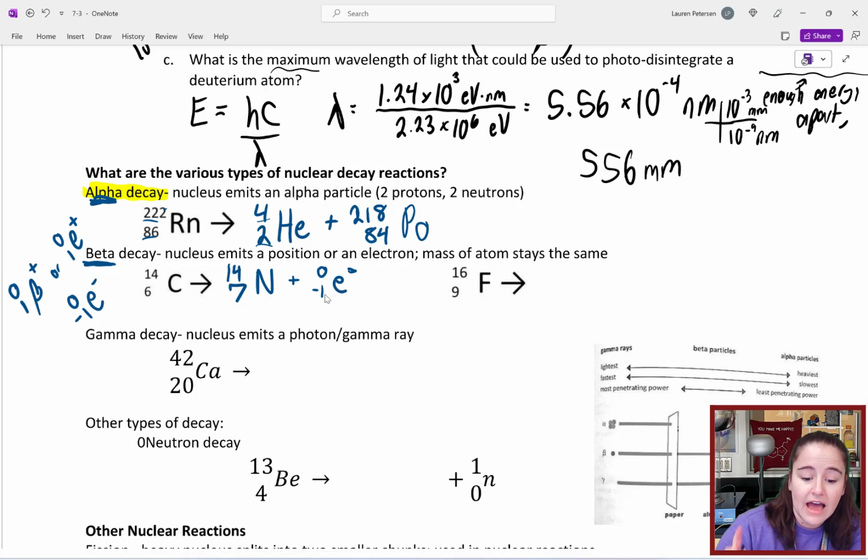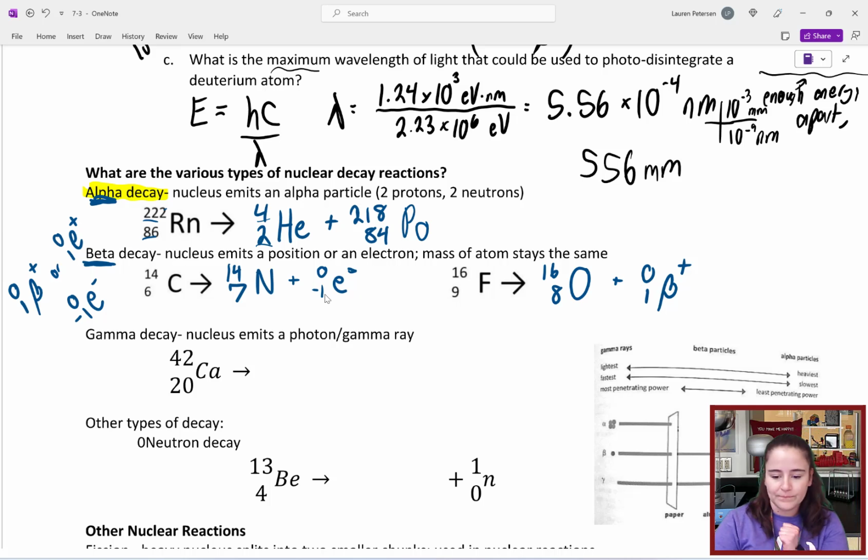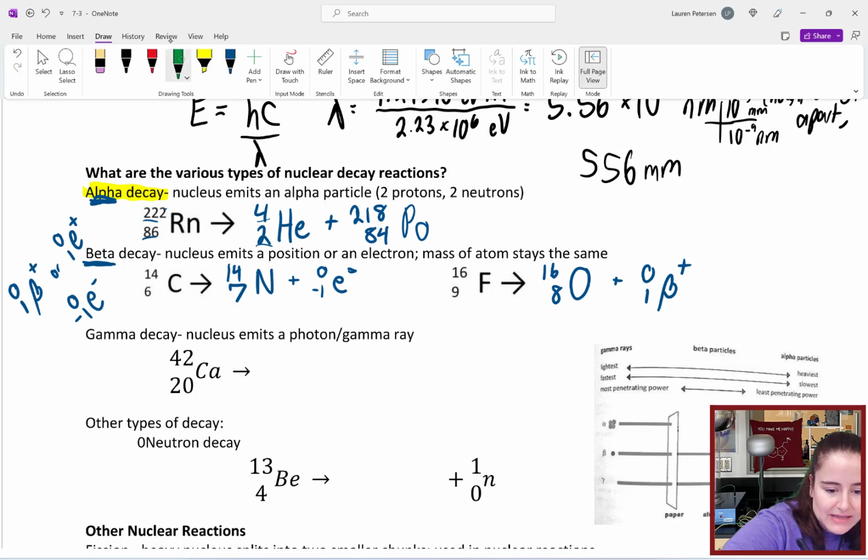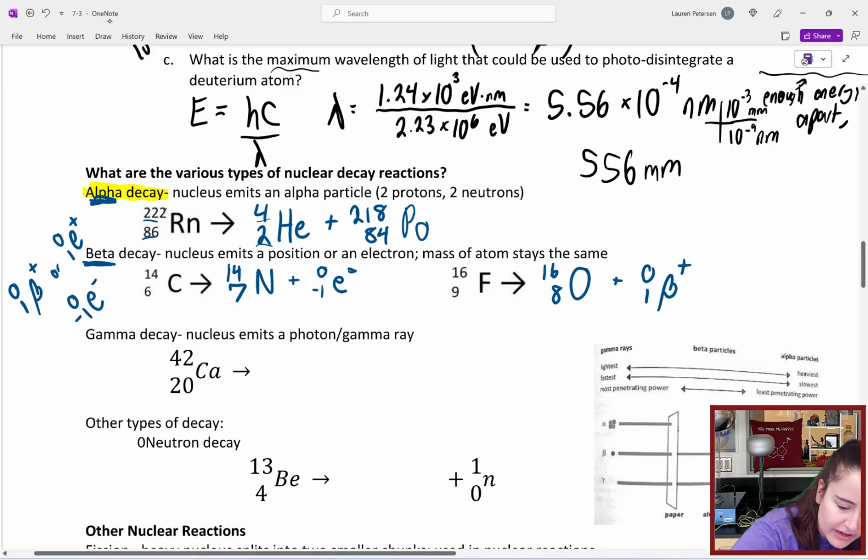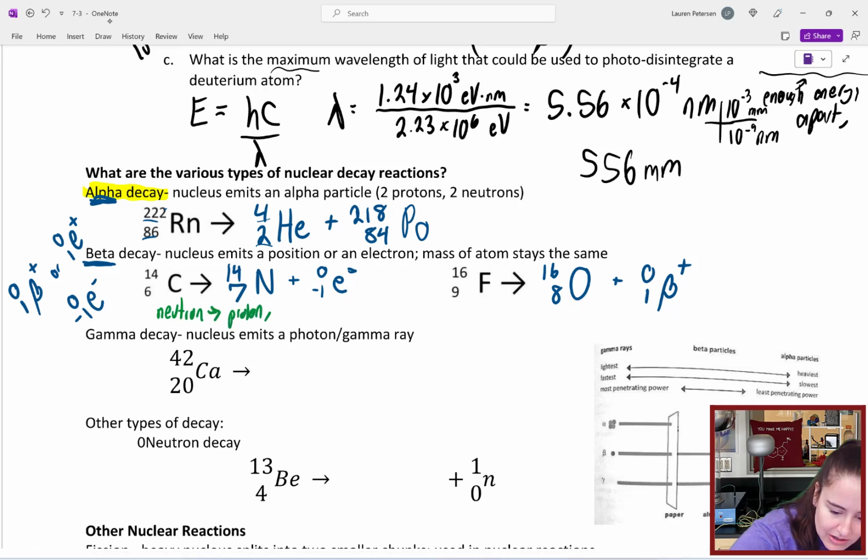Now, fluorine actually does the opposite. Fluorine is one where a proton changes to a neutron. So we'll have the 8,16, number 8 is oxygen, and the positron. So those are the 2 types of beta decay. We have a neutron changing to a proton by releasing an electron.